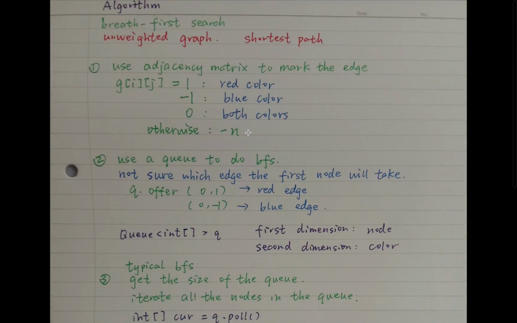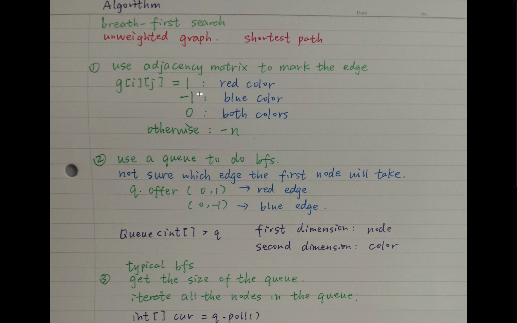So let's see what I mean. First, we need to use an adjacency matrix to mark the edge. We use a 2D array, the size will be n times n. If it only has a red edge from i to j, we mark it 1.